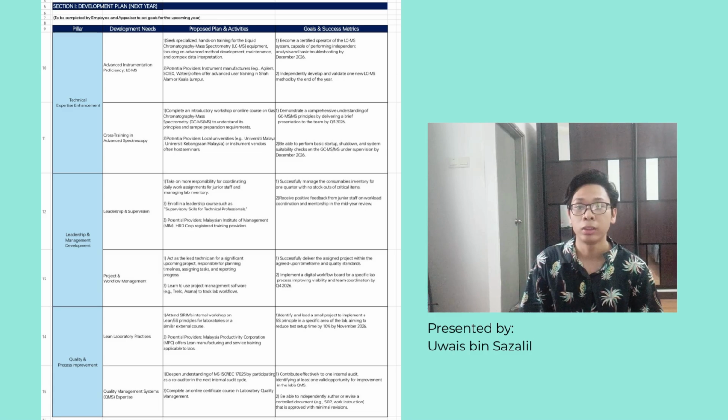This includes recommendations, training programs or courses, the skills they need to improve or acquire, new responsibilities or project goals, and soft skills or leadership development goals. This section is usually jointly discussed between the appraiser and the employee. This is to ensure that the development plan is aligned with both the employee's career path and organization needs.